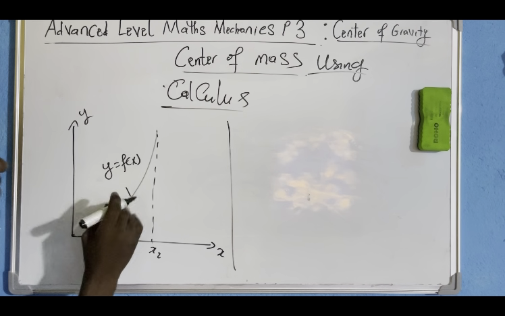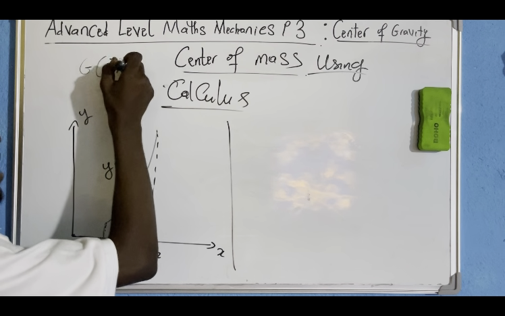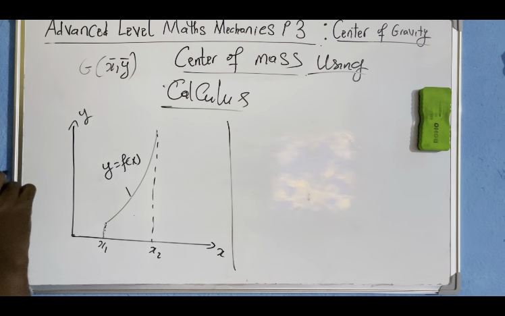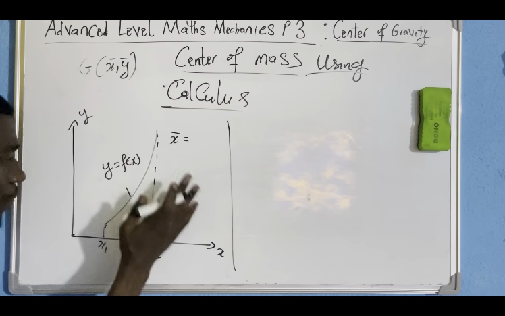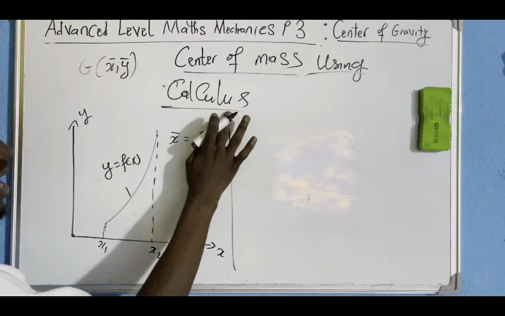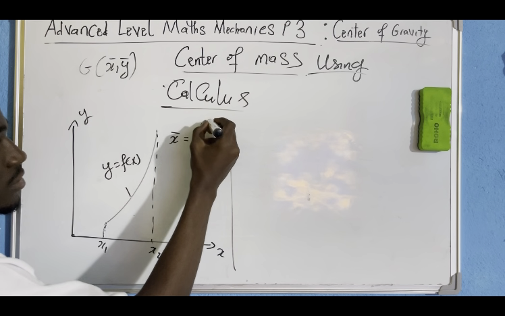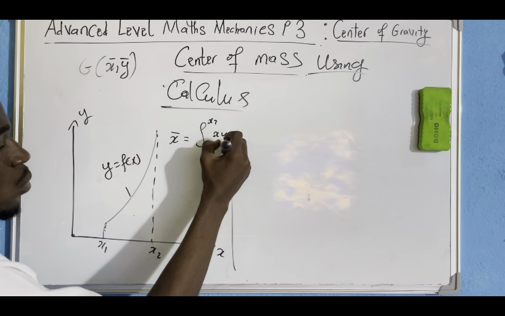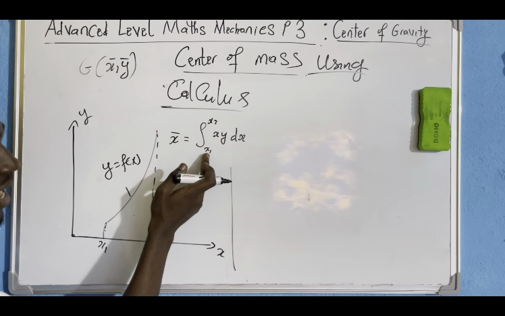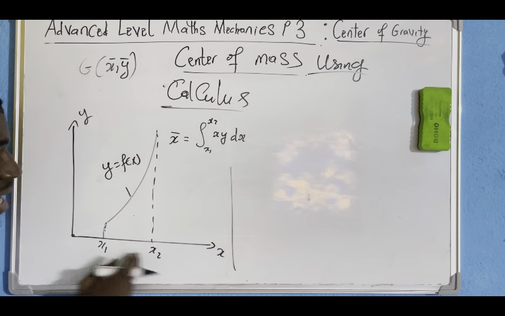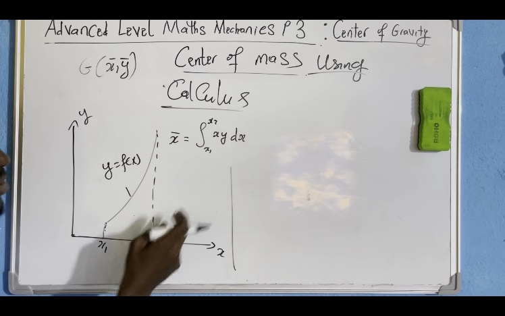For this first case, the center of mass asks us to find x bar and y bar. We agree, right? It means that x bar of such a curve will be the integral from x1 to x2 of x y dx. Why am I putting the x? Because I'm integrating from x1 to x2, and those values are the boundaries of x.